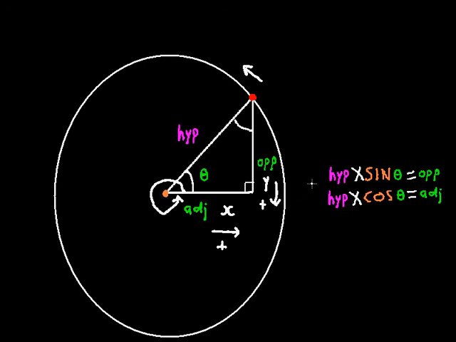Now it should be quite easy, hopefully, to see that our x coordinate is our adjacent, our y coordinate is our opposite, and our radius is equal to our hypotenuse in this setup. So this is our radius.